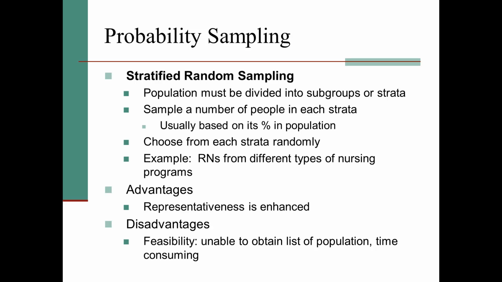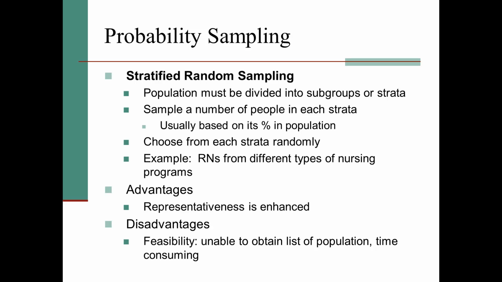For example, if one wanted to do research on job satisfaction for RNs, and they wanted to know, are we going to get a real random sample that is representative of the whole group? Maybe let's think about the state of Nevada, and how many percentage are ADN grads?